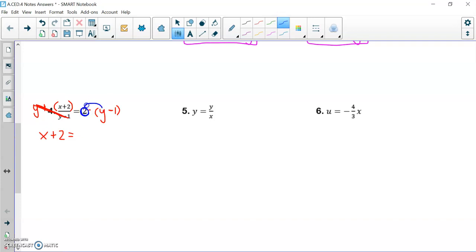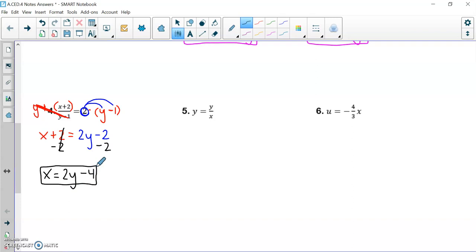So I do need to distribute that 2 into the parentheses, so I have 2y minus 2. Now, to get x by itself, I have a plus 2 attached to that x, so I'm going to subtract 2 from both sides, and I wind up with x is equal to 2y, and then negative 2 minus 2 is minus 4. X is solved for. That's my answer.